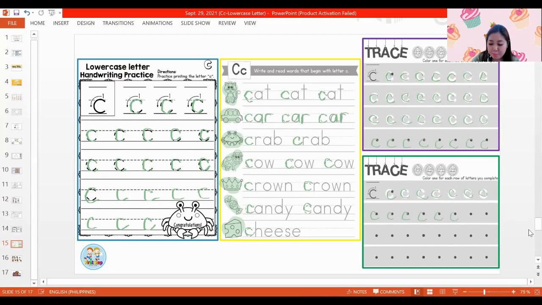So that you can practice just like what we did with our whiteboard. Because teacher wants to see if you are writing your letter C by yourself. And when we're done writing our letter C, we have to color the cupcakes on top.